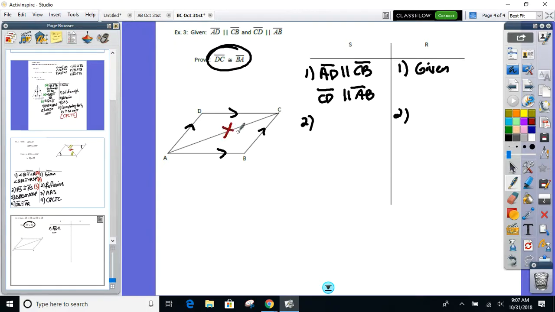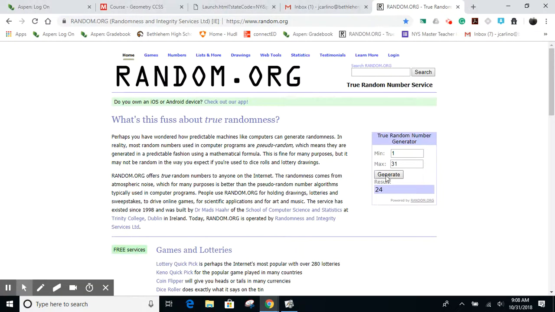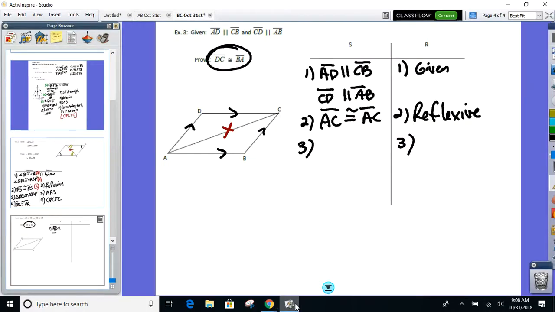Oh, you took the easy way out. Your classmates are like, oh, I wanted that because I don't know where to go anymore. I hope that's not the case. All right, what else now? I got the reflexive side. Got anything else?